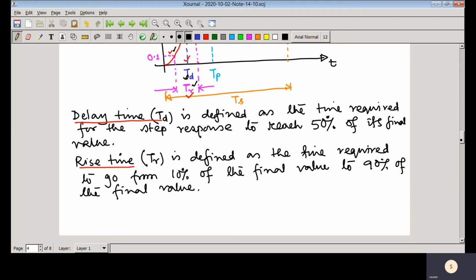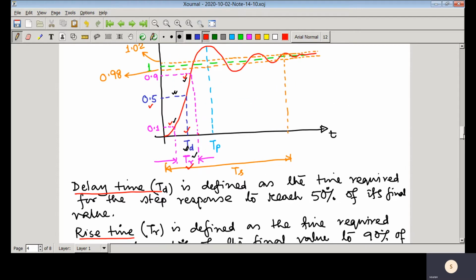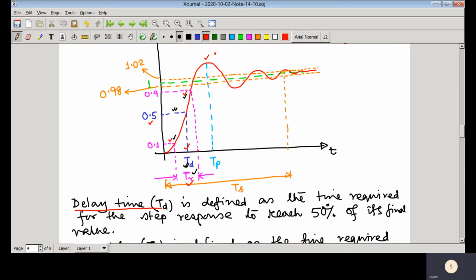And then what is peak time? So peak time, you can see whenever you apply a step input, then you have first peak, second peak, third peak, fourth peak, like that. So basically the time required to reach the first peak, so this is that first peak, that means the peak time is defined associated with the first peak.